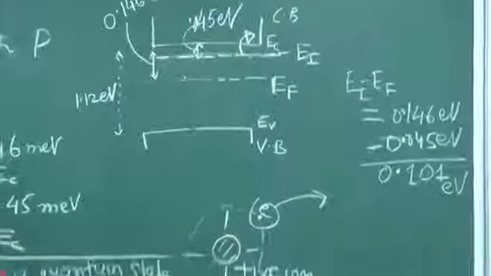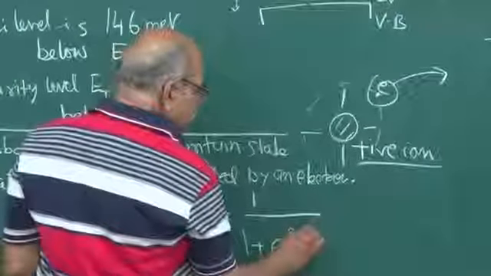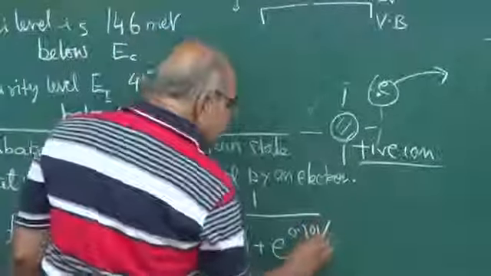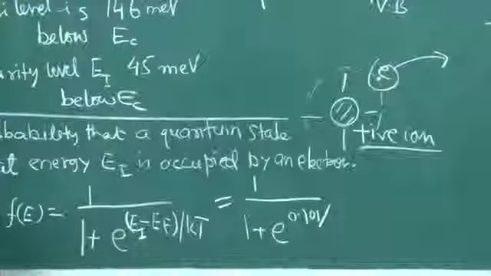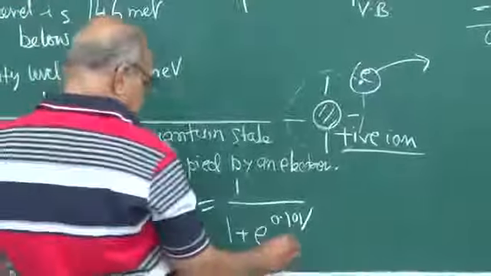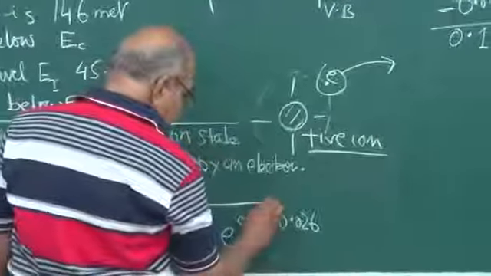So this is 0.101, and then that divided by k times T. Taking room temperature 300 K, k times T is 0.026 eV.